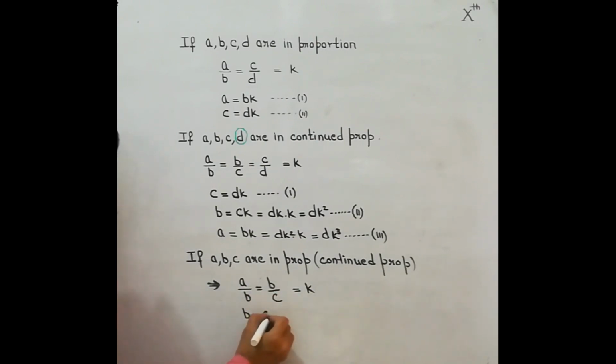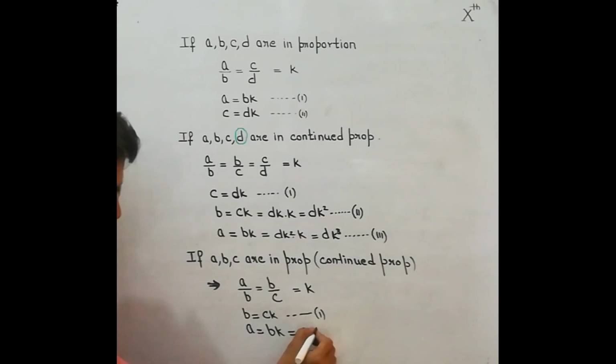B is equal to CK. Equate this one, cross multiply, so A is equal to BK. And B from here can be replaced with CK.